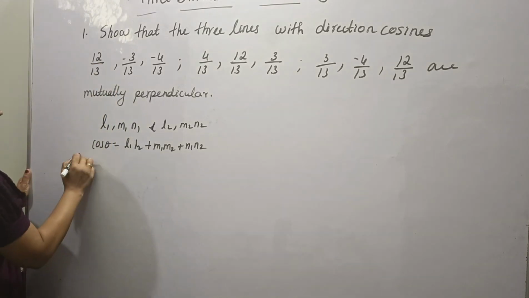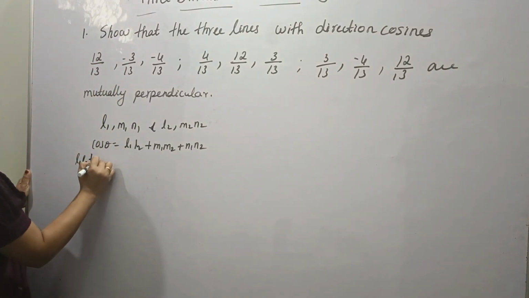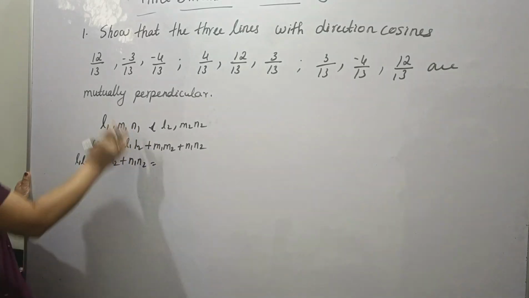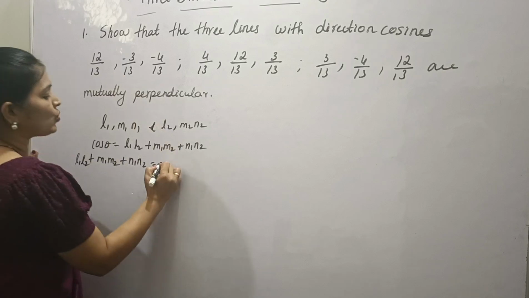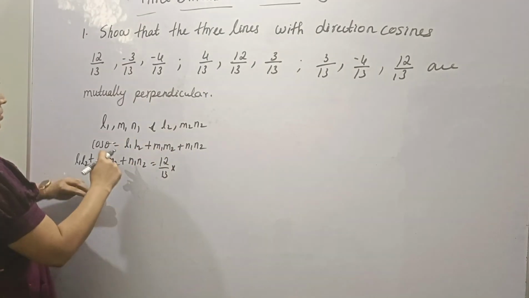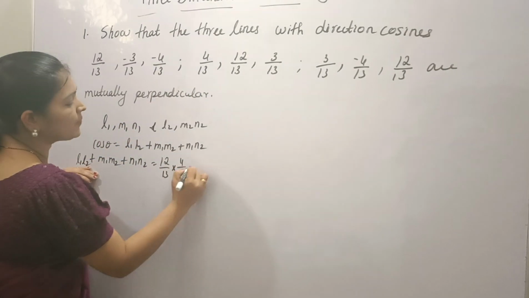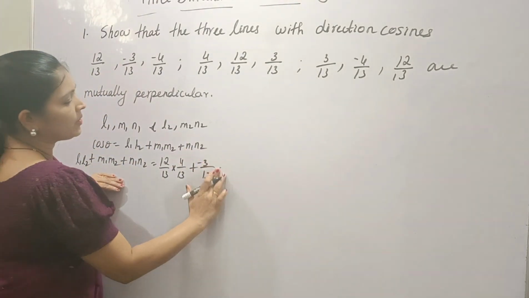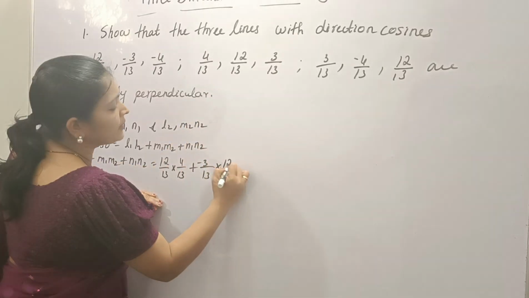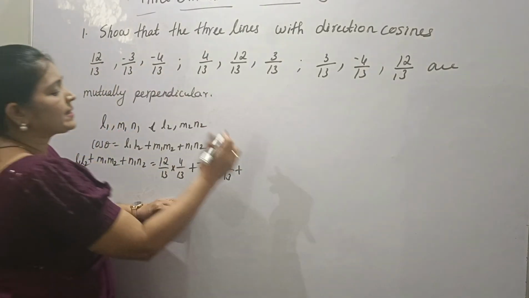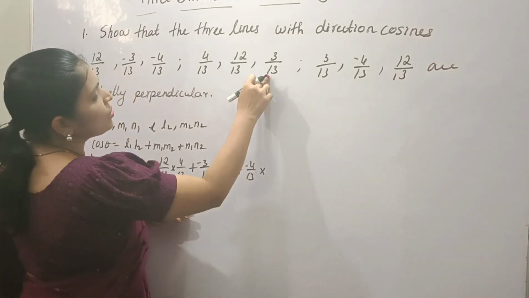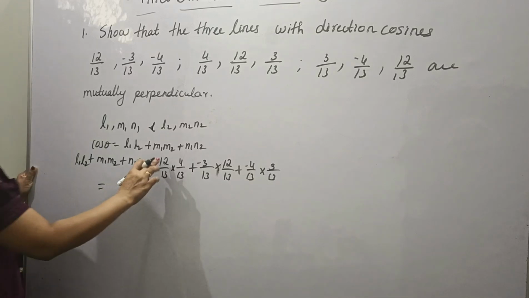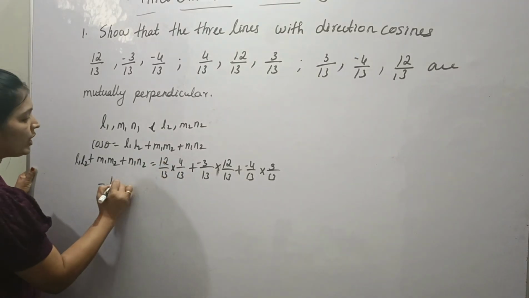So l1 l2 plus m1 m2 plus n1 n2 is equal to 12/13 into 4/13 plus minus 3/13 into 12/13 plus minus 4/13 into 3/13.